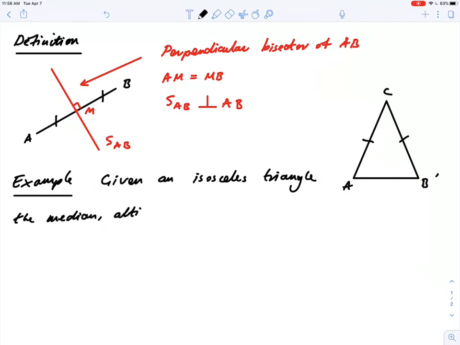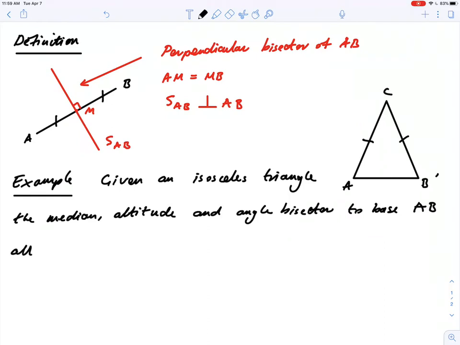altitude and angle bisector to the base AB all coincide.